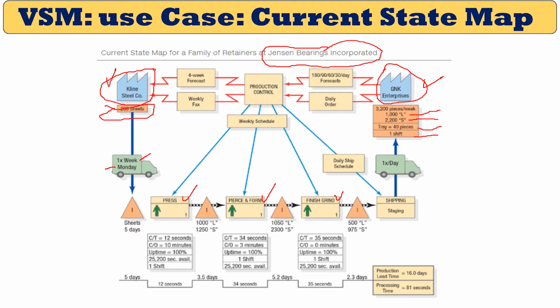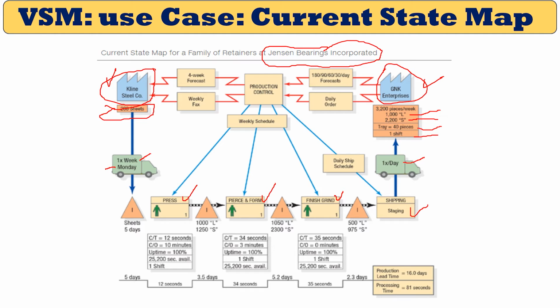Then the product goes to the staging area before it is shipped to the customer. They ship one truck every day. That information is also on this map.